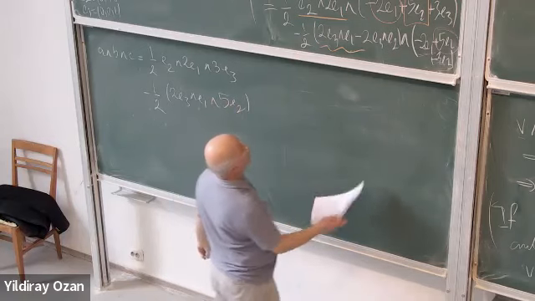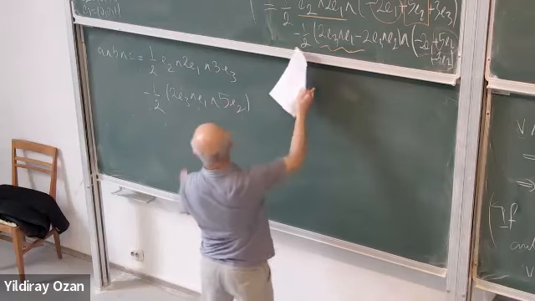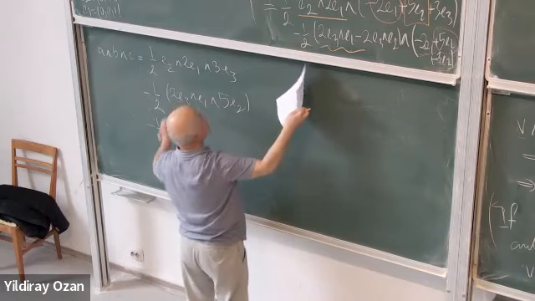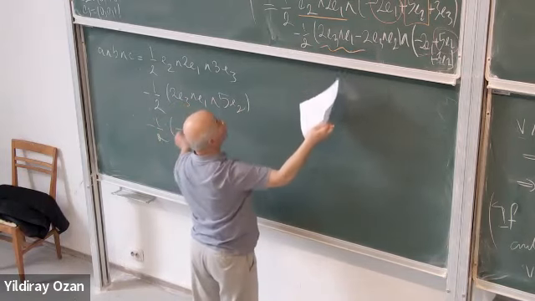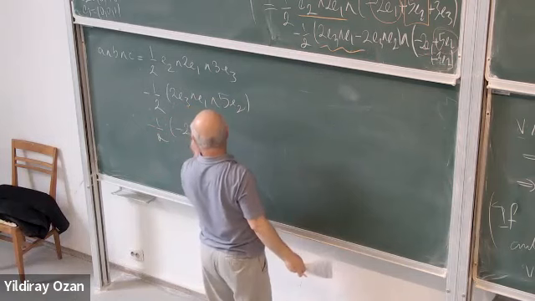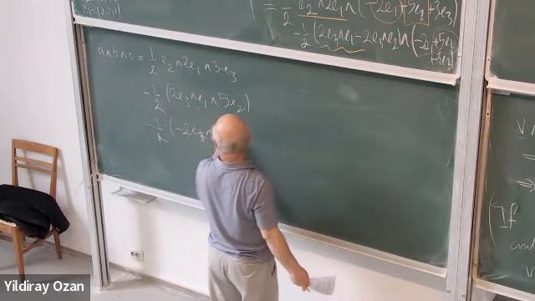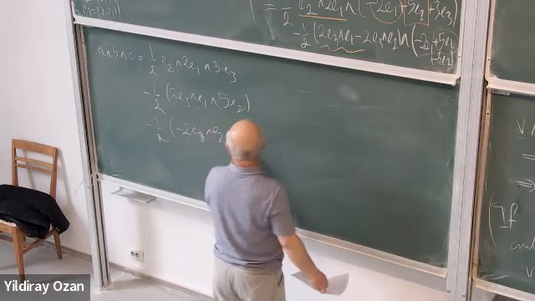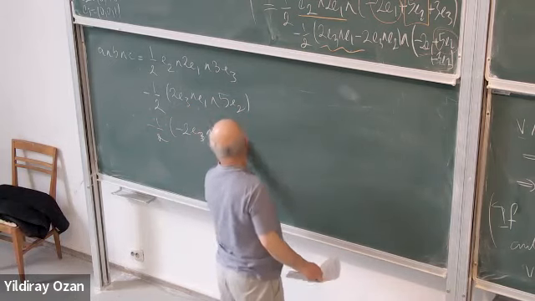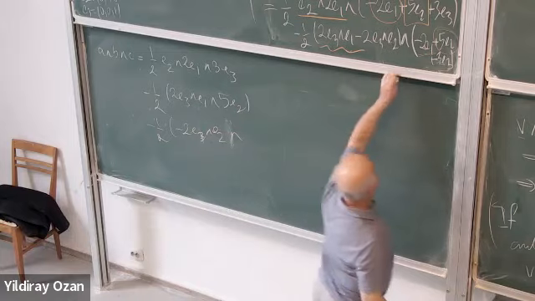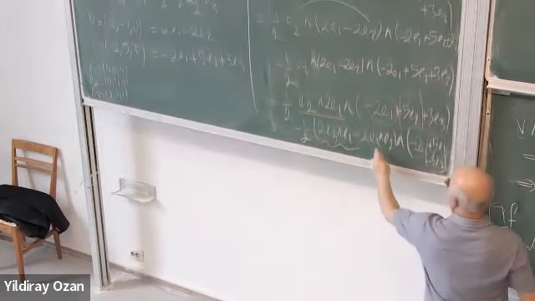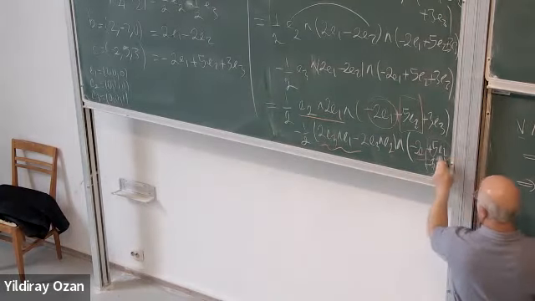But I have also this term, so minus 1/2 times, minus 2 times E3 wedge E2, and then wedge product of this with this guy. Well, I have E2 and E3.